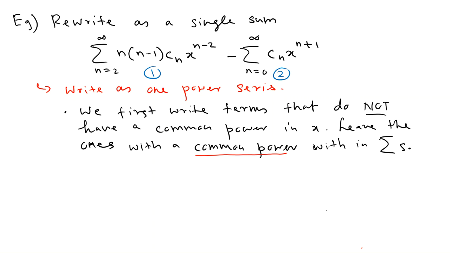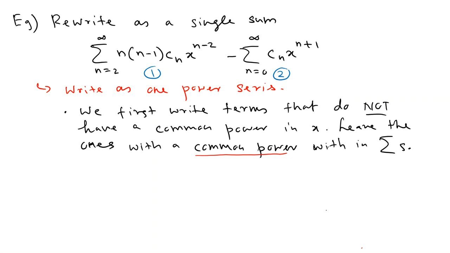And you can see that in the first one, when you apply n equals 2, you get x to the 0. And in the second one, if you plug in n equals 0, that's the first index, you get x to the 1. So when you plug in n equals 2, you get x to the 0 power. That's the uncommon one. So we're going to write that first. That's the first thing to do.